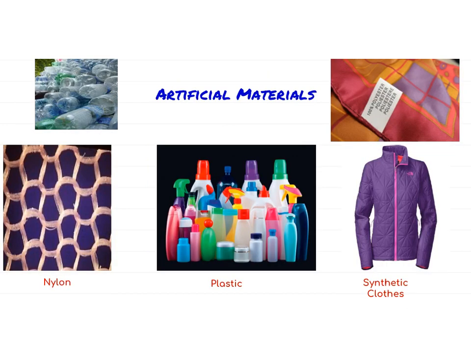This slide shows us different kinds of artificial materials. For example, synthetic clothes, polyester, plastic, and nylon. Each and every day, we are using many artificial materials that are so helpful and so useful for our daily activities.